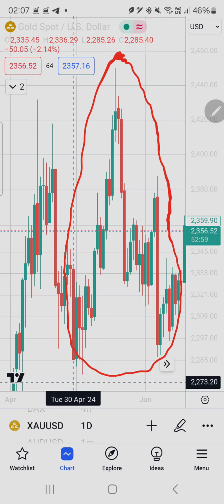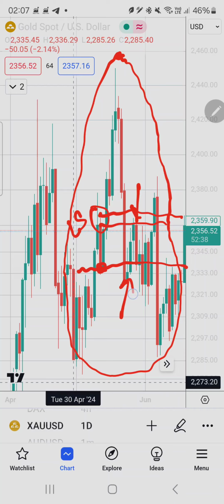Yeah, this was our line, this is our left shoulder, this was our sell area. The market touched here, then dropped. Once this resistance is broken, see, it broke this resistance, which means the market wants to go down, definitely.